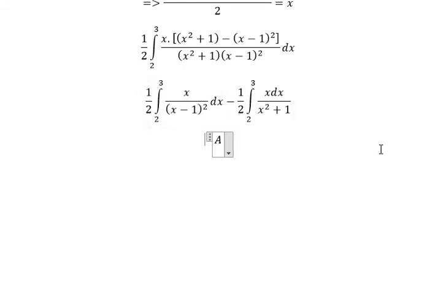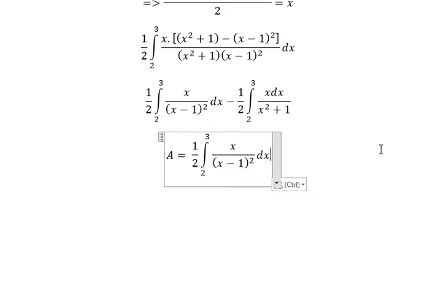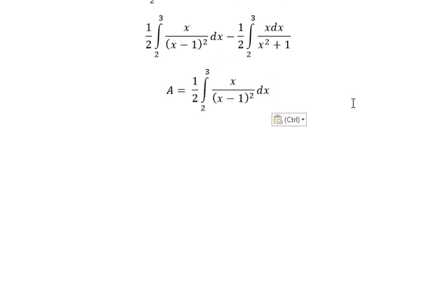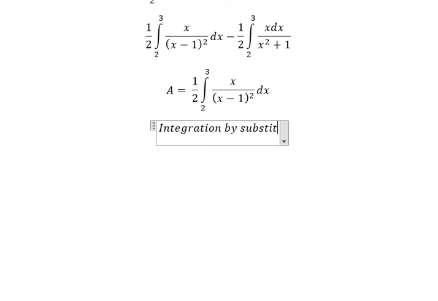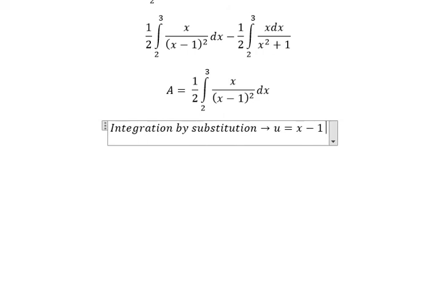I choose capital A is about this one, and now we can use integration by substitution. So we got u equals to x minus 1, du equal to dx.